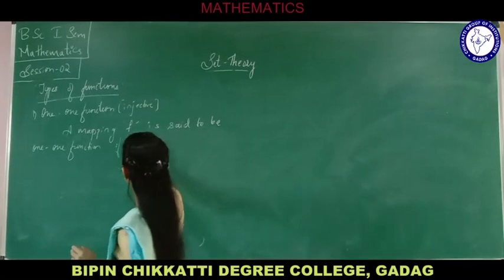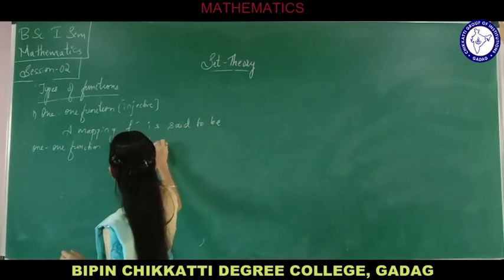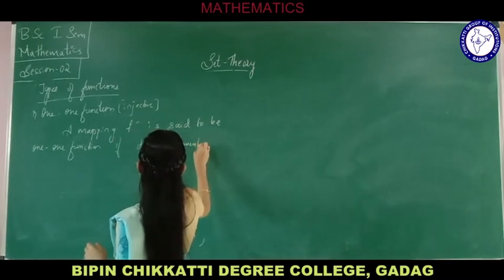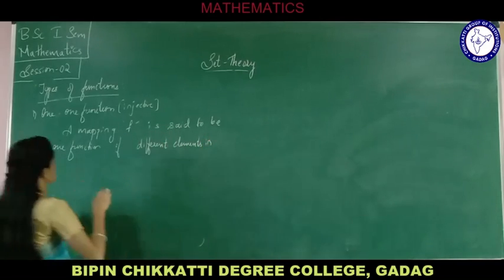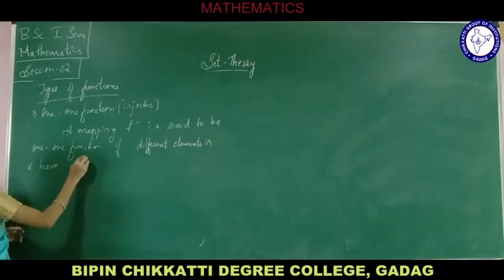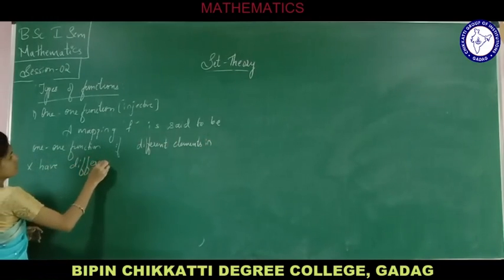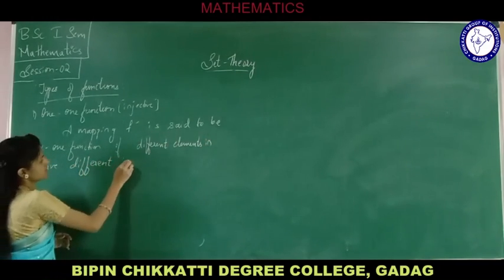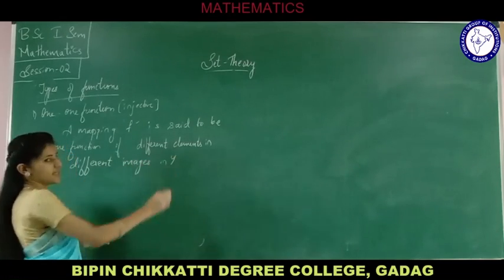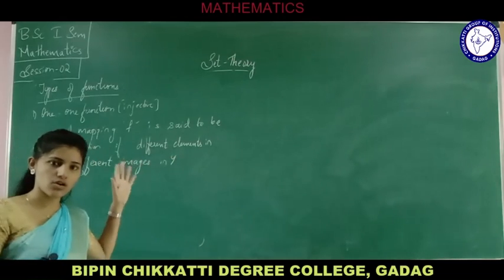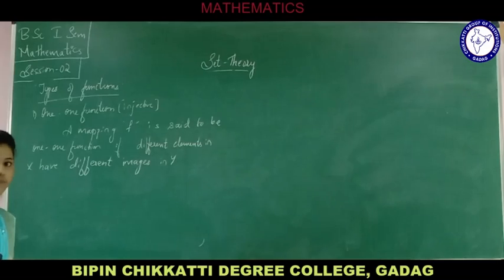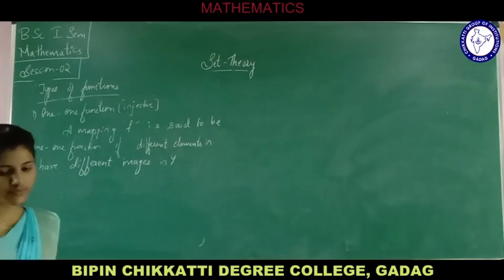That is, for every element of X there should be a distinct image in Y. Then it is called a 1-1 function.